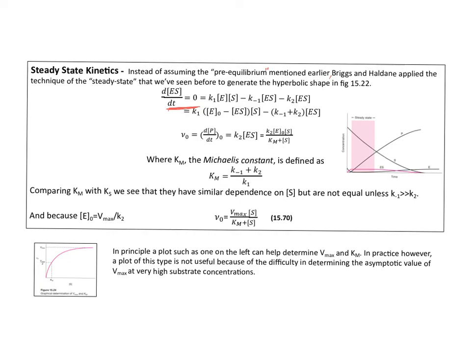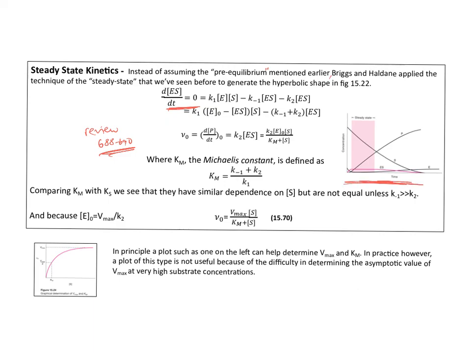Taken together, their change is equal to 0. I'm going to ask you to review 688 to 690. That was the explanation of the curve when we applied the steady state approximation.